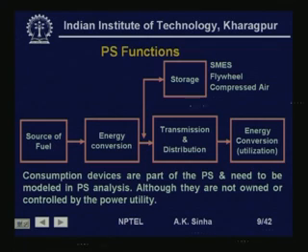In between, sometimes we use some storage devices, though power system being such a huge system and the amount of energy that we are dealing with is very, very large, the storage is almost minimal. Though there have been various methods of trying to store large amount of energy, but again, as a percentage, this is almost negligible.